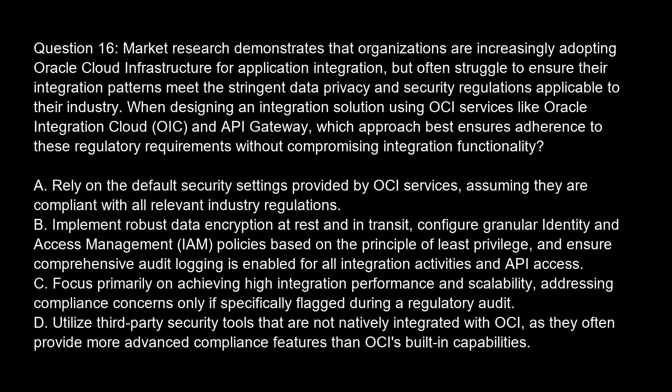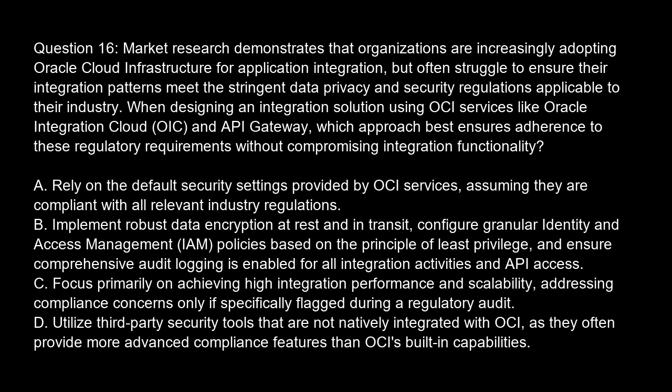Option A. Rely on the default security settings provided by OCI services, assuming they are compliant with all relevant industry regulations. Option B. Implement robust data encryption at rest and in transit, configure granular identity and access management, IAM, policies based on the principle of least privilege, and ensure comprehensive audit logging is enabled for all integration activities and API access.